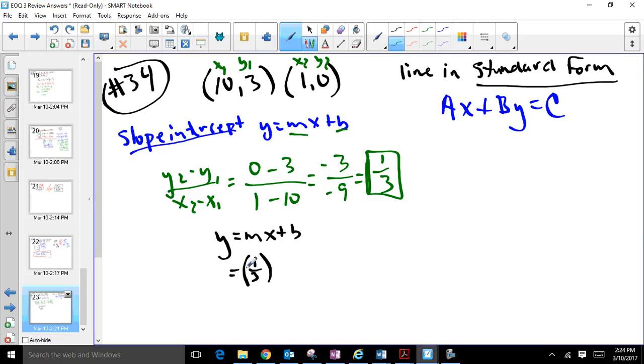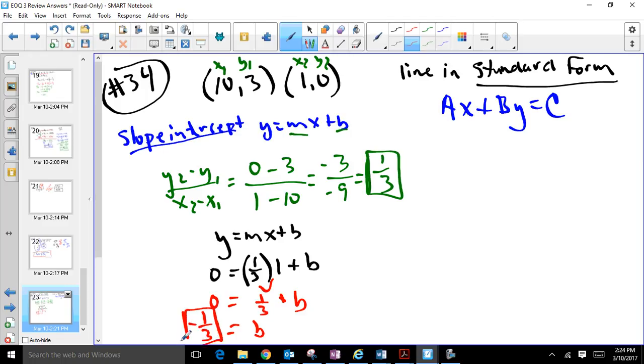My y value is going to be 0, my x value is going to be 1, and then I'm going to add something. What is 1/3 times 1? Well, that's 1/3. And 1/3 plus something is going to give me 0. I know what that something is. My b value has to be negative 1/3.